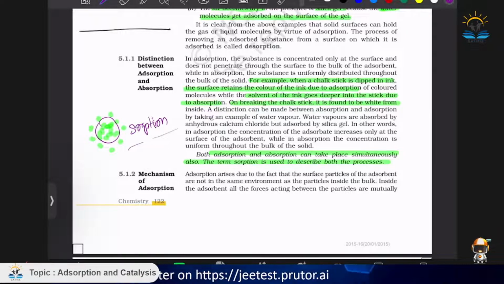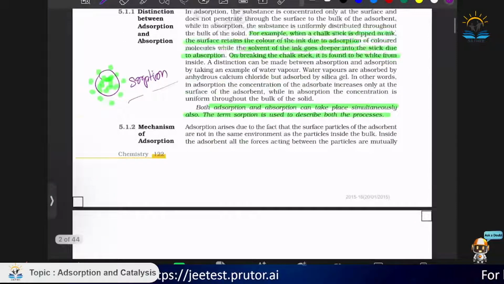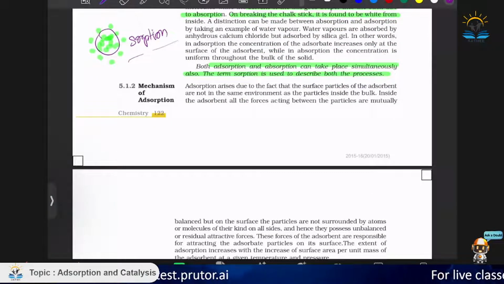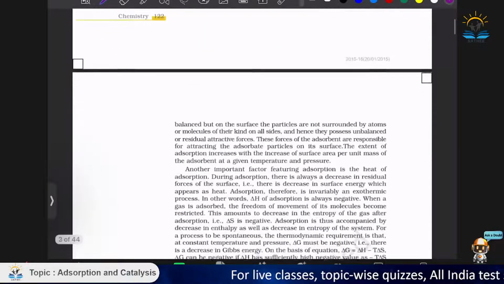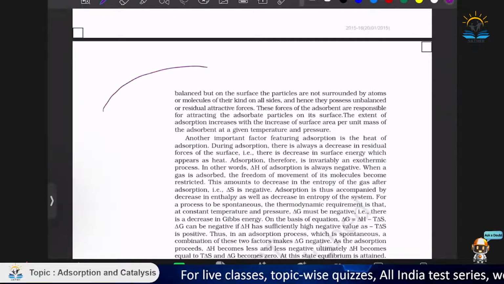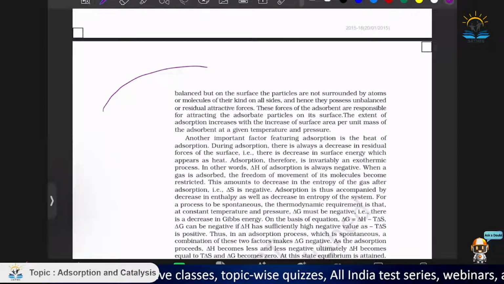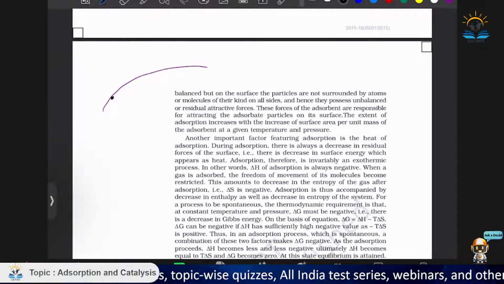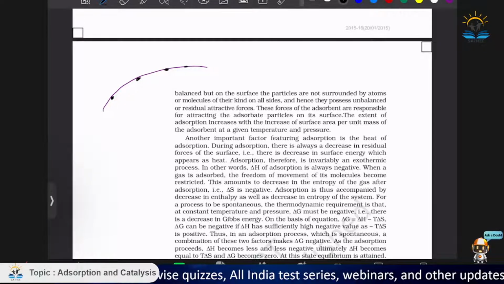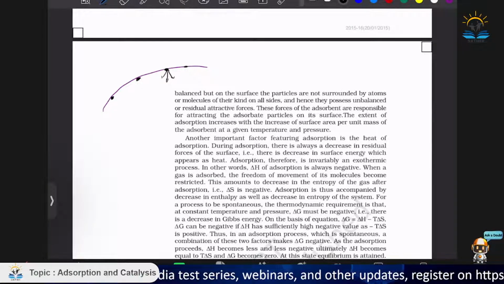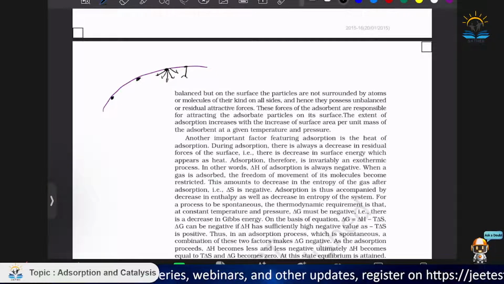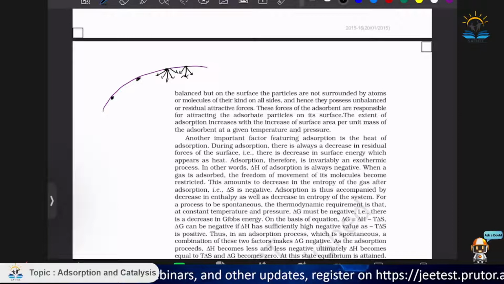Okay. Then, mechanism of adsorption. Why are molecules actually coming and getting attached to the surface? What is so special about the surface of any of these adsorbents? So the thing is, we have learned in surface tension, on the surface the molecules don't have anything to pull them up. They can only be attracted down by the molecules which are below them.